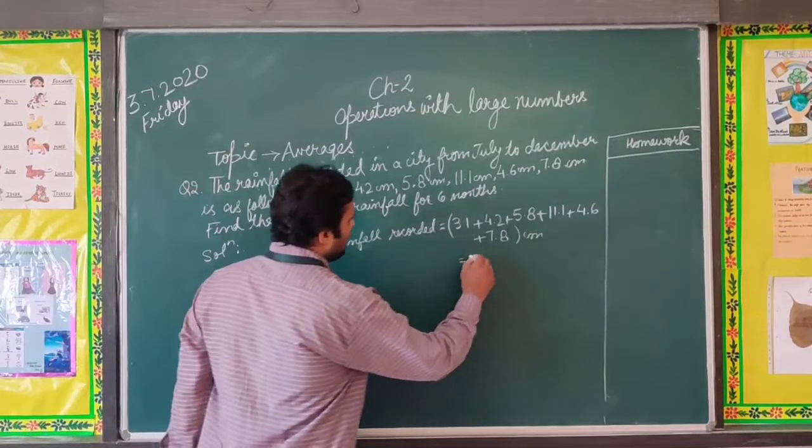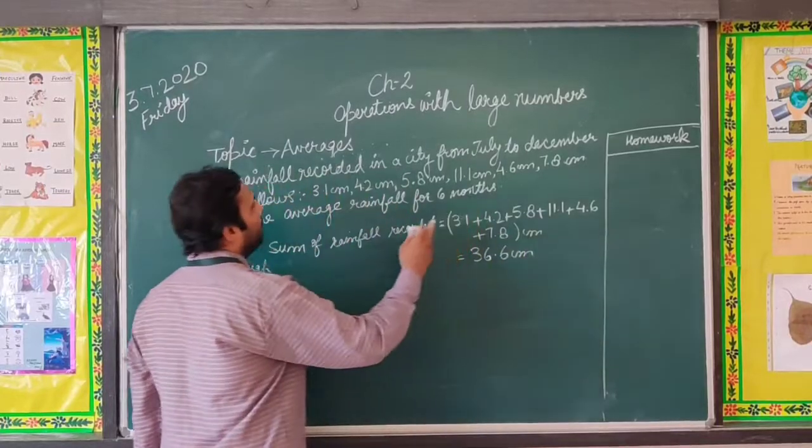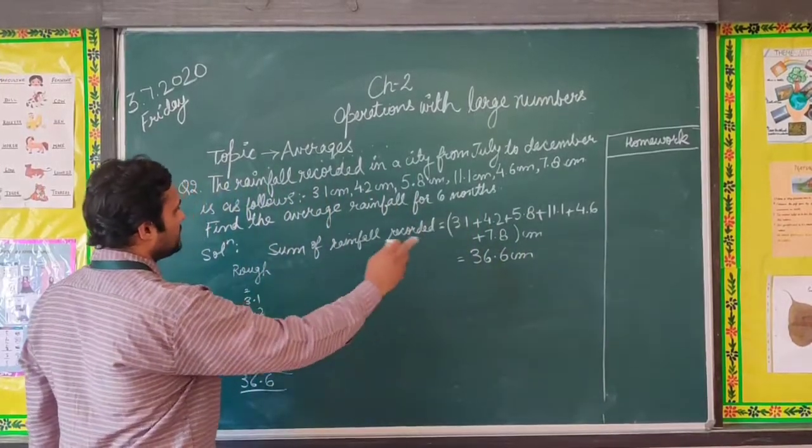So the answer is 36.6 centimeter. This is the sum of all the rainfall recorded.